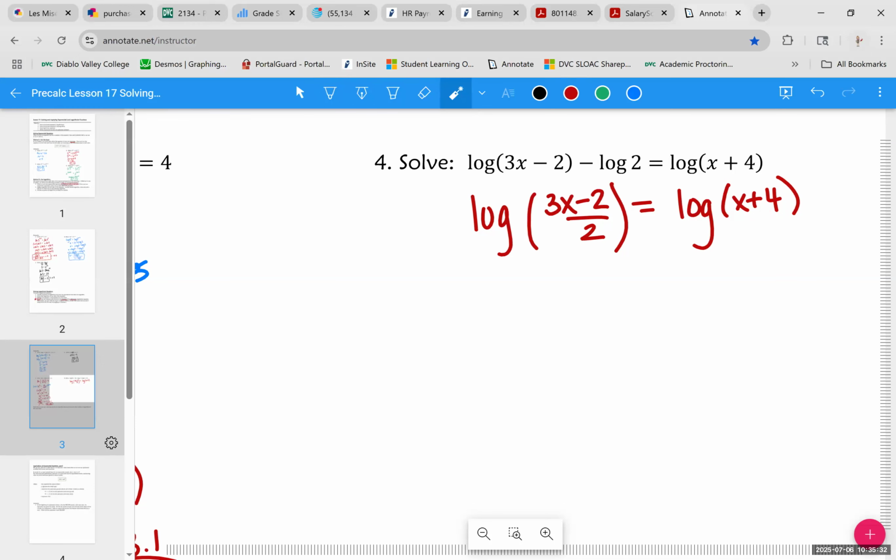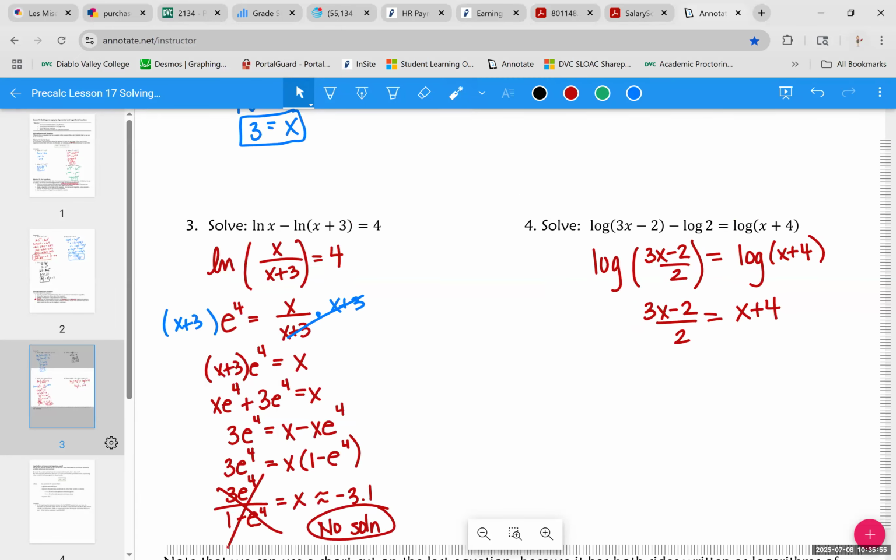Similar to exponentials, like 3 to a power equals 3 to a power means the two powers are equal. If I have the same base log and they're equal to each other, you can basically just drop the logs, and whatever is inside has to be equal to each other. So that's kind of a shortcut, an easier way to do something where everything is a log of the same base.